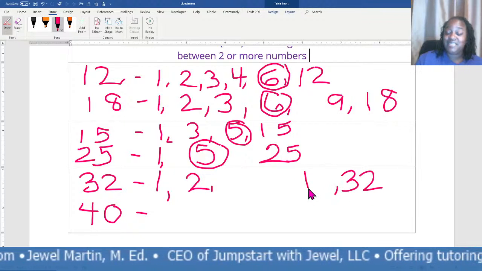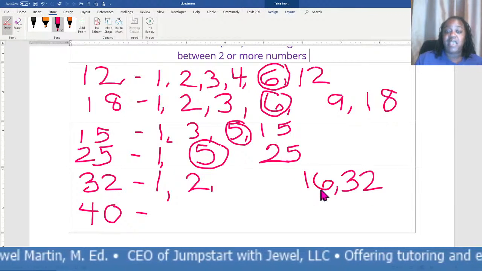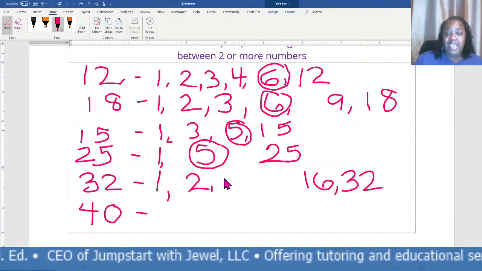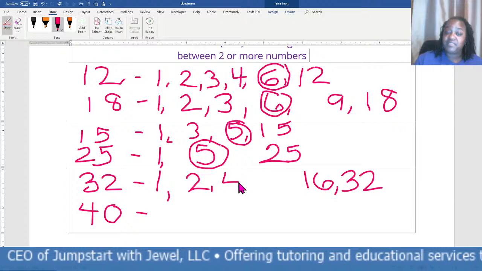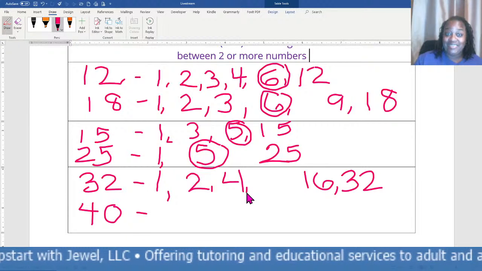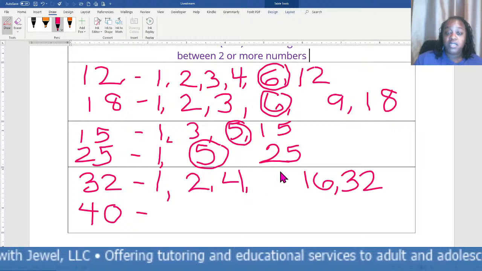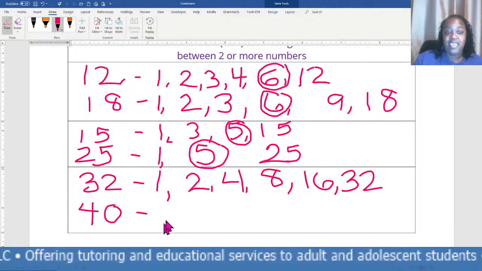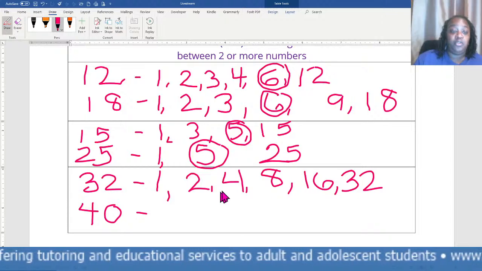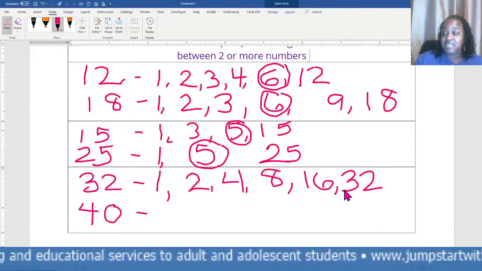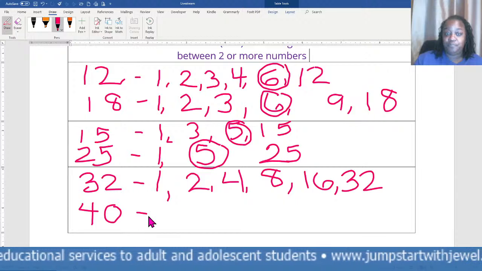And 16. 16 times 2 is 32. 3 isn't a factor of 32, but 4 is. If you think about your multiplication facts, 4 times 8 is 32. So these are all the factors of 32: 1, 2, 4, 8, 16, and 32.